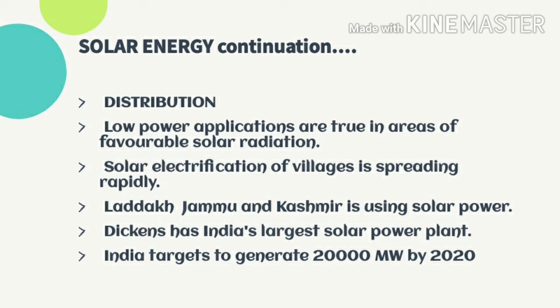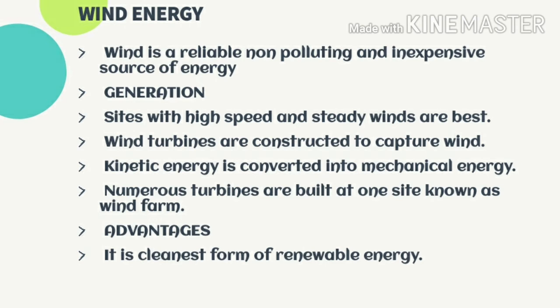Deccan in the Neemuch district of Madhya Pradesh has India's largest solar power plant, and India has targeted the generation of 20,000 megawatts of solar energy by 2020.